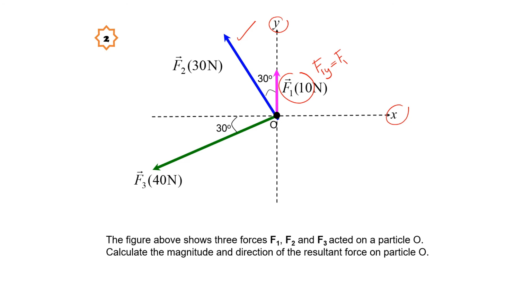As usual, we resolve F2, so we have F2y and F2x, and for F3 we are going to get F3x and also F3y. Overall we have 5 components of forces: F1y, F2y, F3y, F2x, F3x.